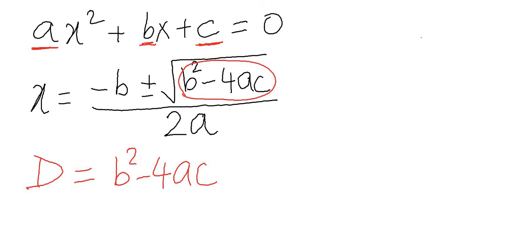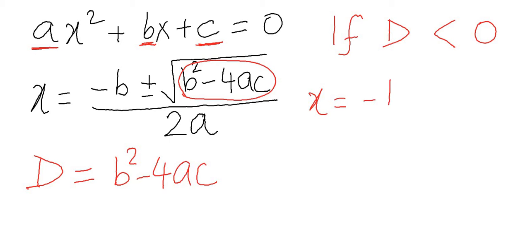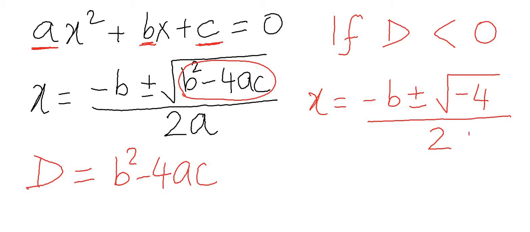Alright, the third possibility is that D is negative. So D is less than 0. In that case, x will be equal to minus b plus or minus, say the discriminant is minus 4, then I get square root of minus 4 over 2a, right? So square root of a negative number is imaginary, right?